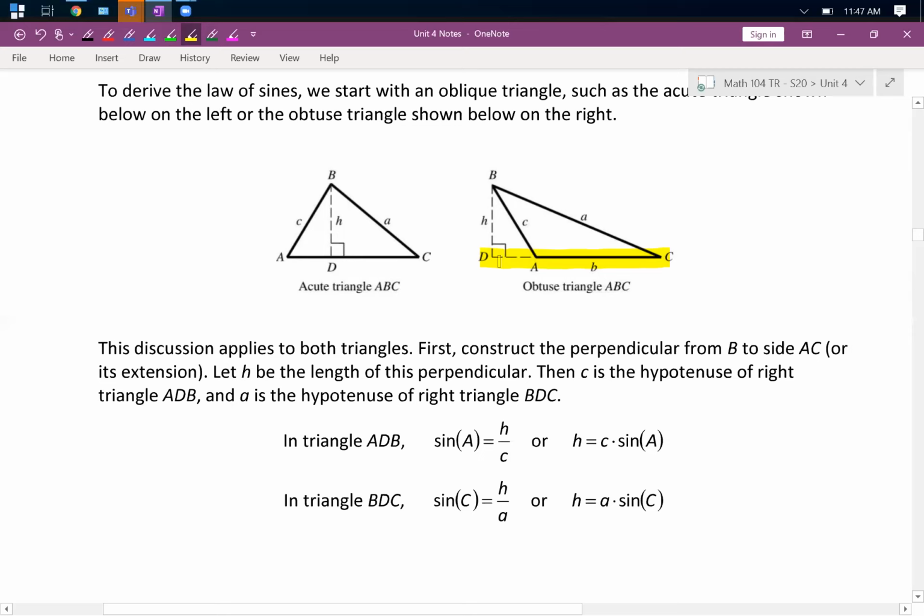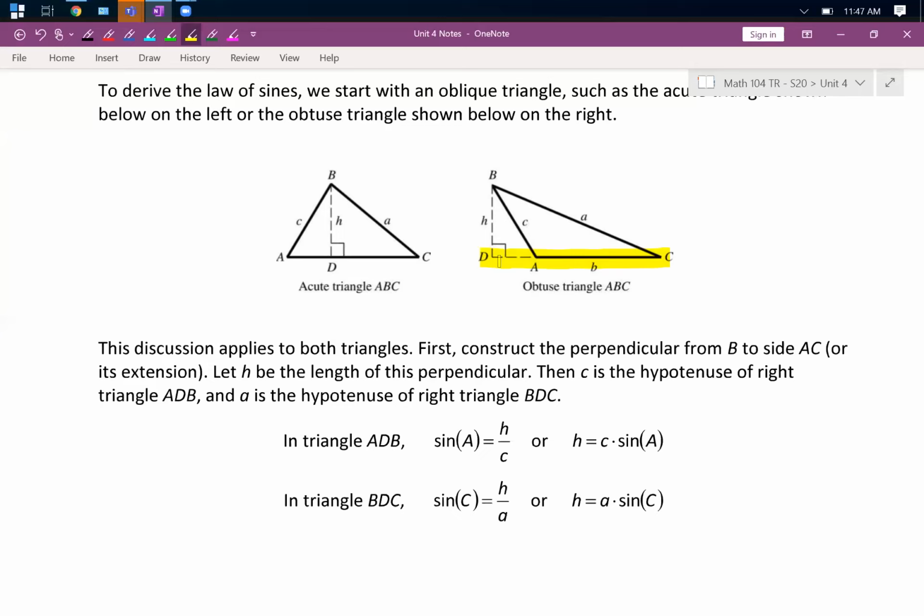If I let H be the length of this perpendicular, aka the height of the triangle, then C is the hypotenuse of the right triangle ADB. Well, since I have a right triangle there, SOHCAHTOA is going to apply.